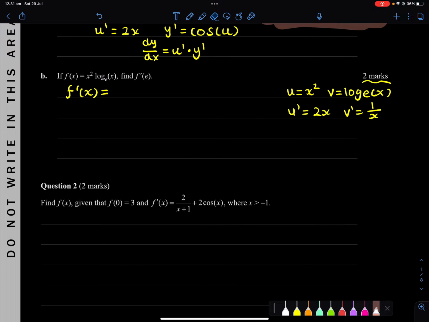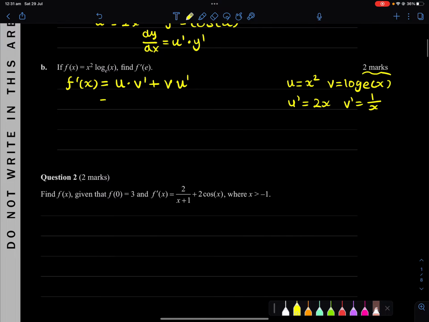So our f dash of x is actually equal to u multiplied by v dash plus v multiplied by u dash, which in this case is x squared multiplied by 1 over x, plus log e x multiplied by 2x.